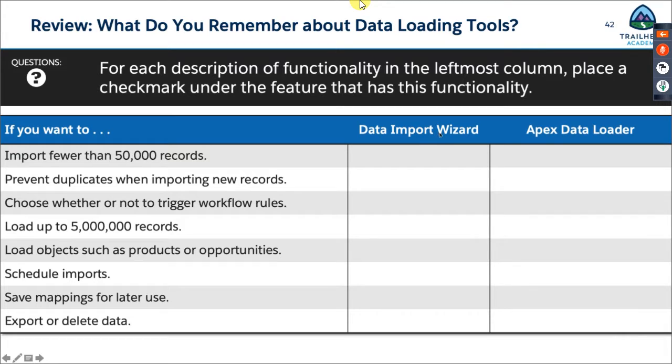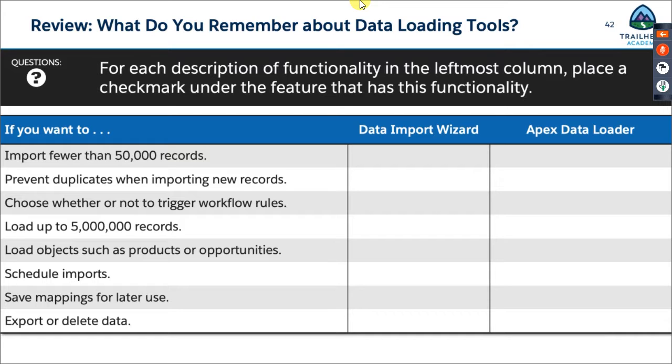One of the interesting characteristics of the data import wizard has to do with the fact that it will not trigger workflow rules when you load data. For the other tool, the Apex data loader or any of the APIs, all the validations, all the workflows, all the processes, all the logic will happen.